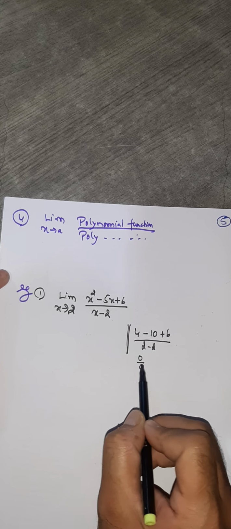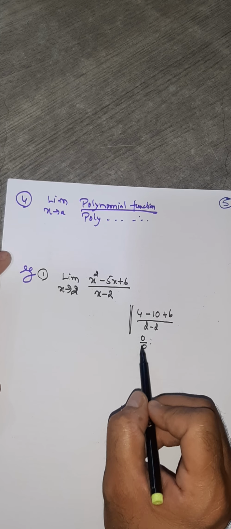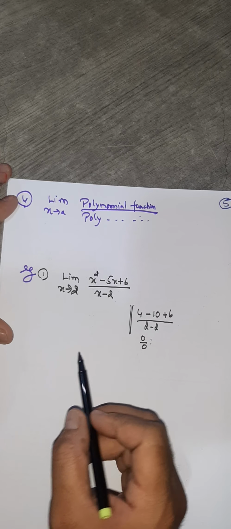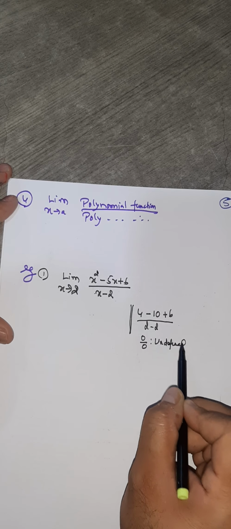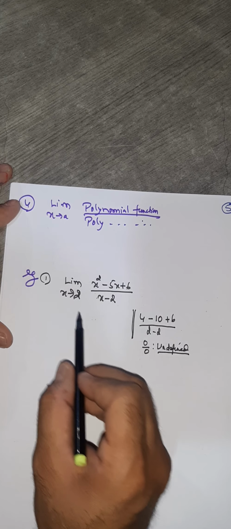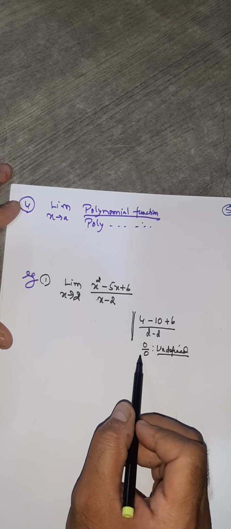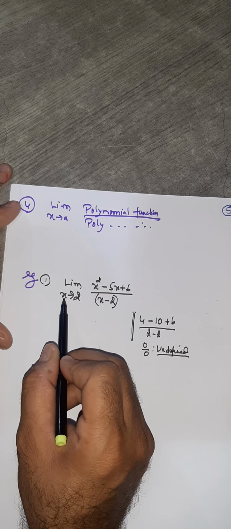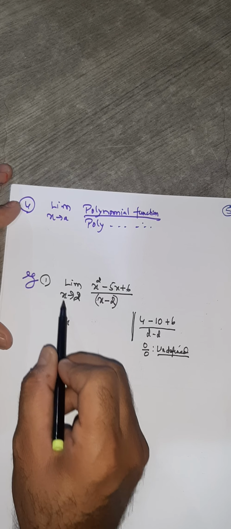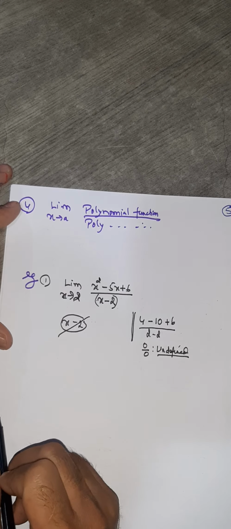This 0 by 0, which form is it? Undefined form. So you cannot write that the limit doesn't exist here. It is undefined, you cannot evaluate it. So when you have such polynomial upon polynomial, and you are getting an undefined form, it means they should have one common factor, which is x minus a.